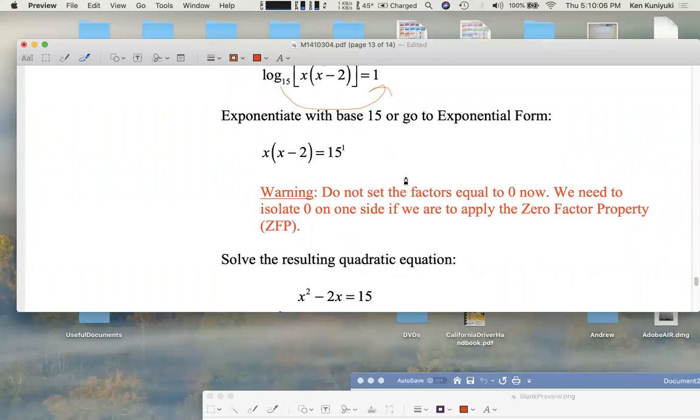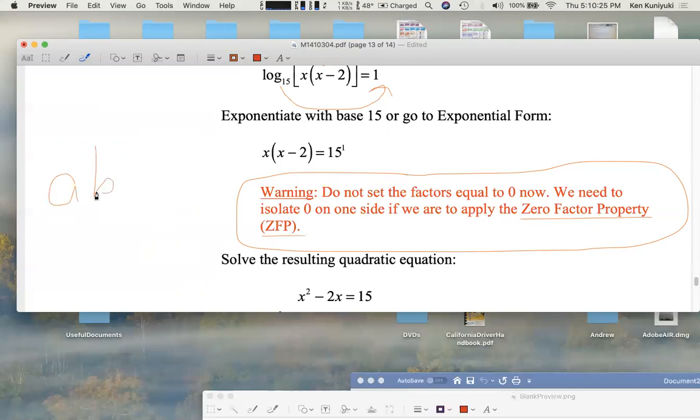Now, I make a comment over here, because a common student error is that when students see something like this, they just assume they can set these things equal to 15. No, we have a zero factor property. It's true that if we have two numbers, a and b, and I tell you that their product is 0, then you know that a is 0 or b is 0, maybe both are 0.